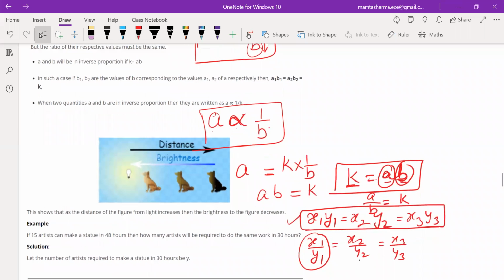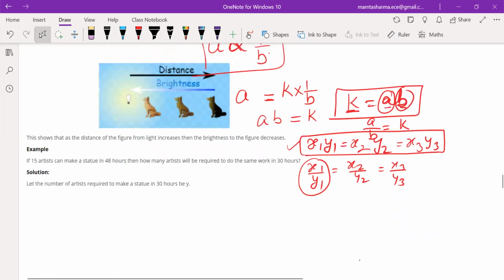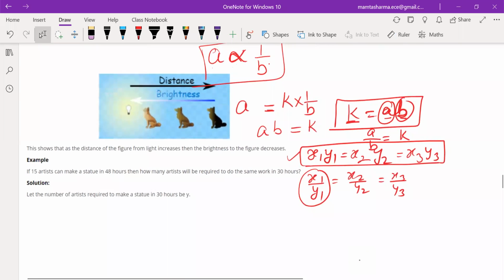Can you give any real-time example of this inverse relation? See, in this photo, this is a light. If the distance from the light increases, the brightness will decrease. So you can say there is an inverse relation between distance and brightness.